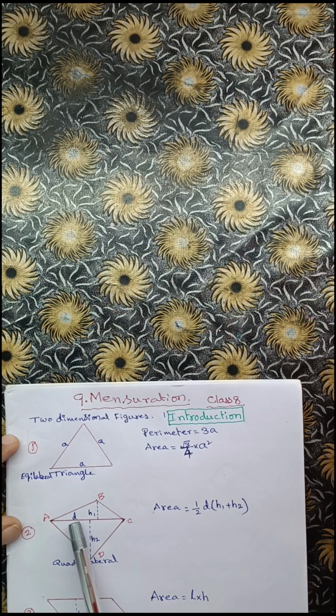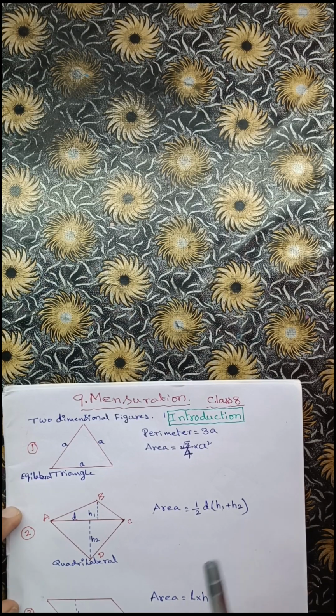The diagonal is D and H1, H2 are heights. Then its area is half D into H1 plus H2.